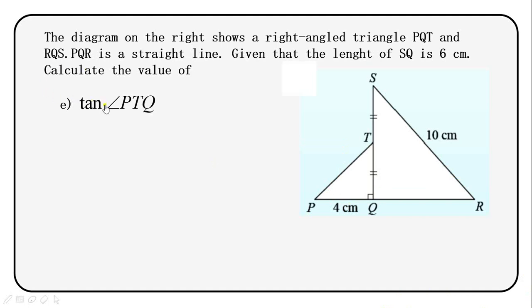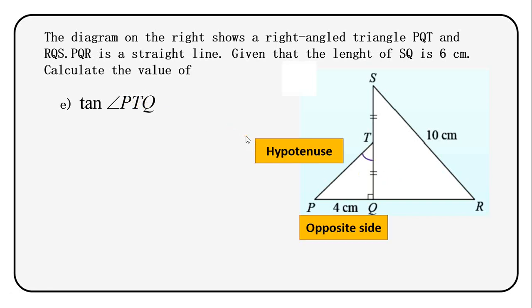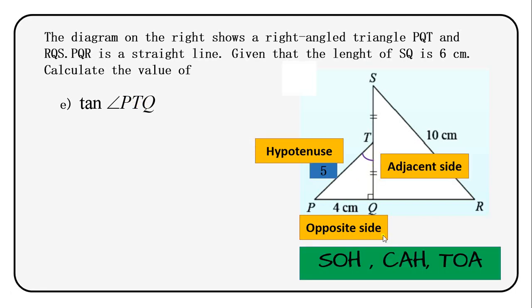Next, tangent angle PTQ. So refer to this angle T here. So identify the hypotenuse, the opposite side and the adjacent side. The formula tangent is opposite over adjacent. So adjacent 3. So answer 4 over 3.